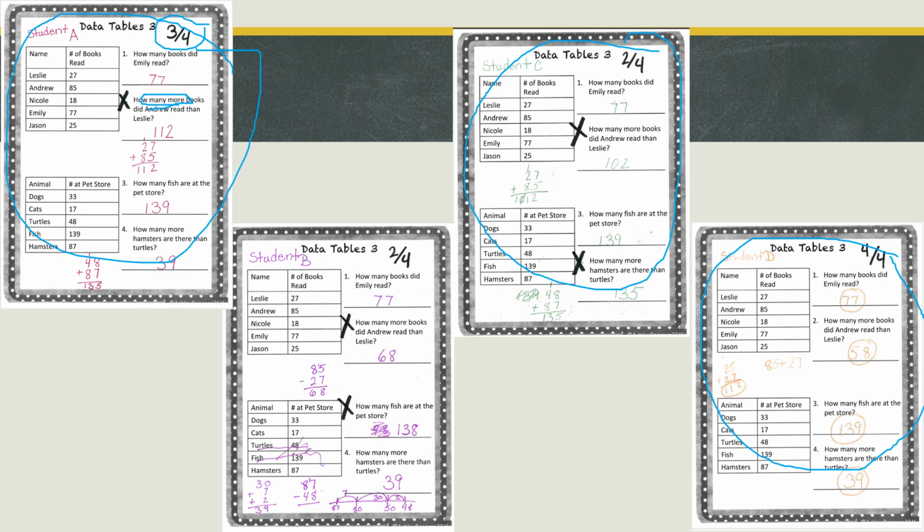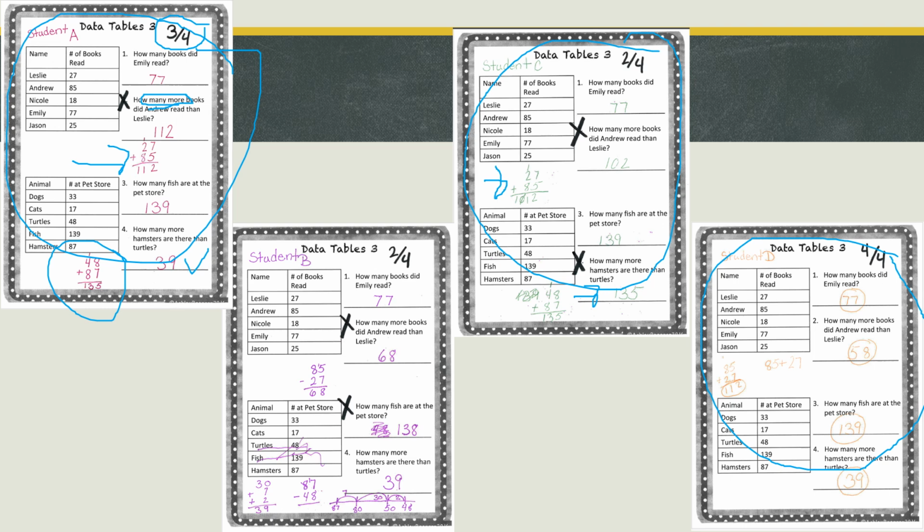They were actually adding in this case. So this person was adding here, this person was adding here and here. Notice that down here, yes, they got the right answer, but they were still adding.